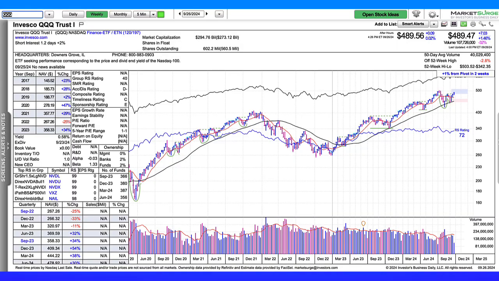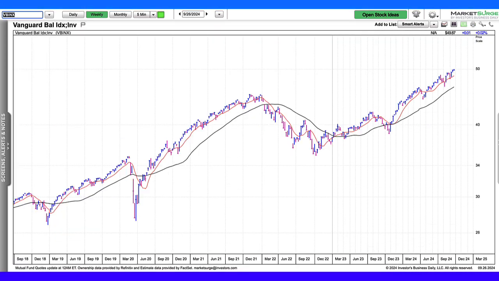Now, there are three common asset allocation strategies: aggressive, moderate, and conservative. An aggressive strategy, like those that focus on stocks and growth funds like the QQQ, aims for high returns, but investors also have to expect a higher level of risk. A moderate strategy, like the mutual fund VBINX, balances stocks and bonds for a mix of growth and stability.